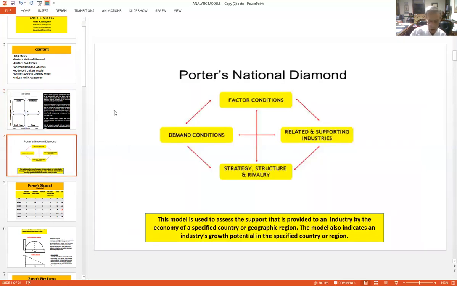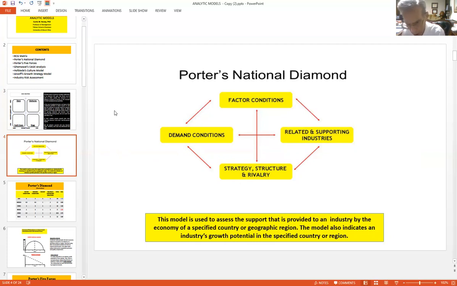Here's another tool or model that was developed by Michael Porter, the famous strategy professor at Harvard. And Porter had been asked by a government to figure out how countries can develop industries that will become winners in international competition.